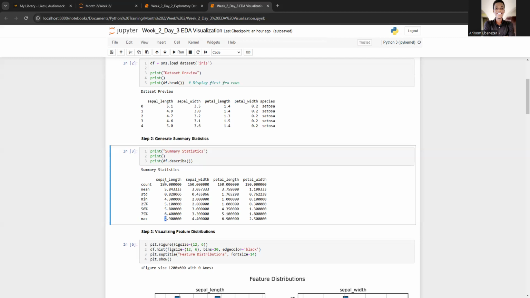Okay, we are looking at sepal length now. So if you look here, 5.8, 0.8, 4.3, 5.1, 5.8, and then 6.4 and 7.9. So all of these values are within the range of 0.8 down to 8.0. So it has a very close range.